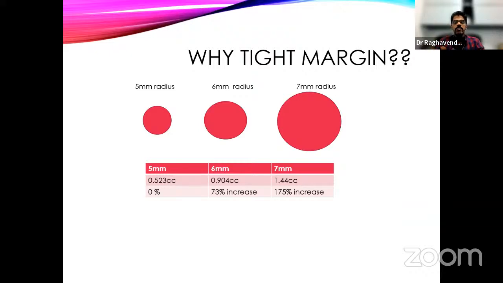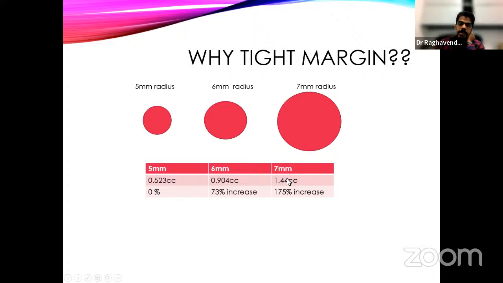So why are we so specific on the tight margins, or the dose falloff being very sharp, or why should I go for a stereotactic frame? This one slice tells us everything. Here you see, if there is a tumor of 5 mm, 6 mm, 7 mm, by giving 1 mm extra margin, you have an increase of 73% volume with respect to a 5 mm volume.